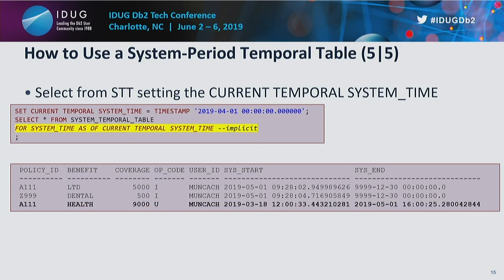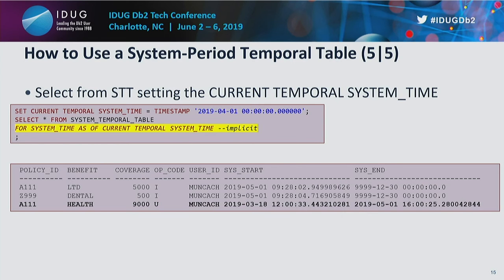For this example, I said, what are the values as of April 1st at midnight? Because I made my change on May 1st, this is what the table had as of April 1st at midnight.